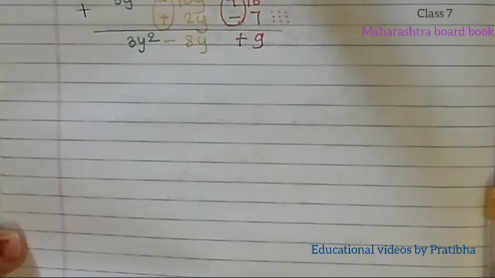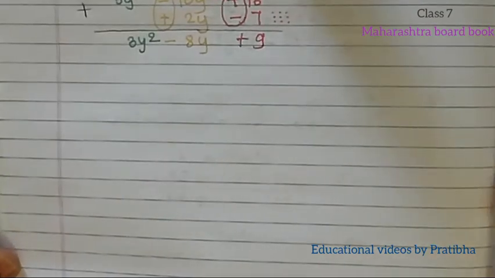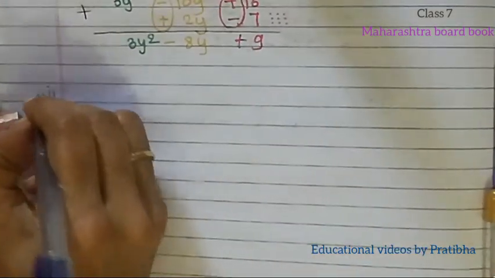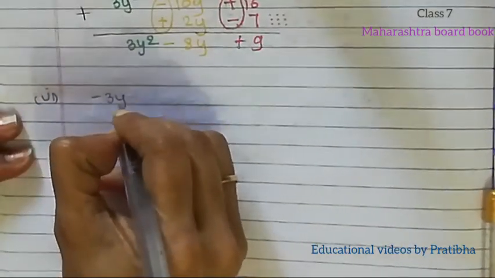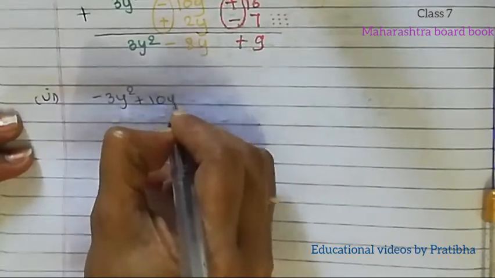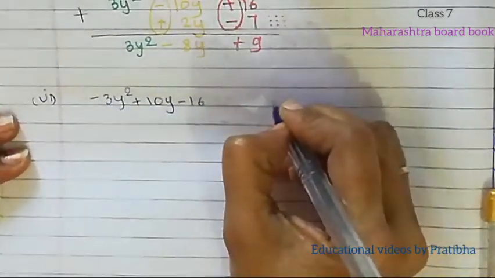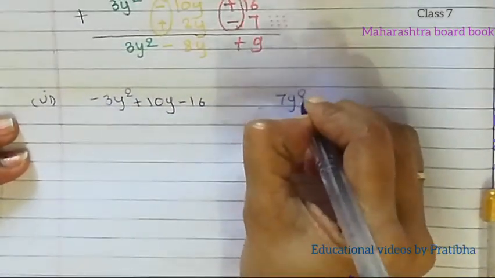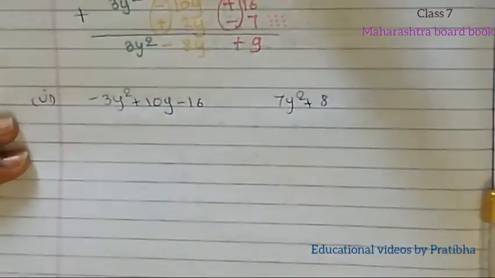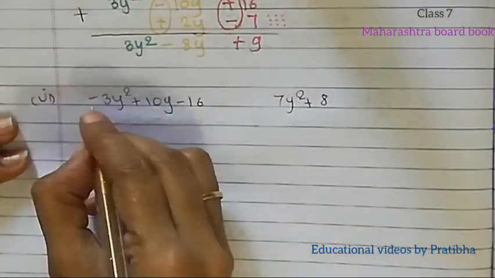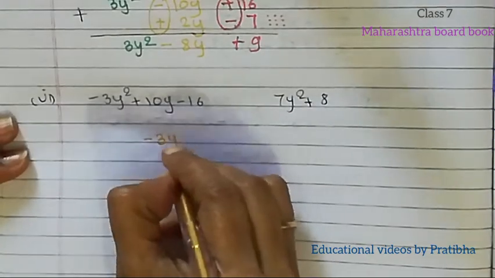Now let us work on the last question, question number 6, and that is minus 3y square plus 10y minus 16. This is the first expression, and 7y square plus 8 is the second expression. Let us arrange them. So minus 3y square I am writing first.